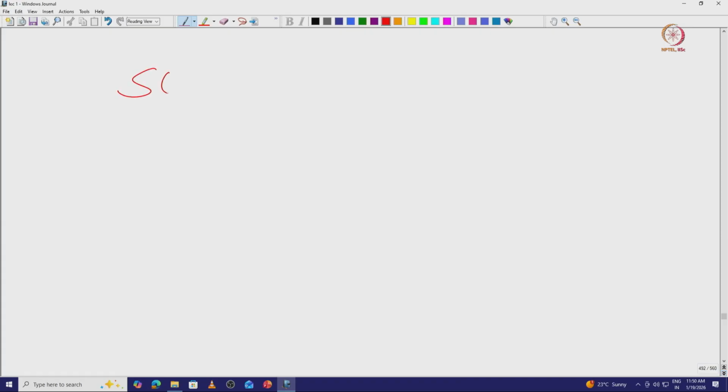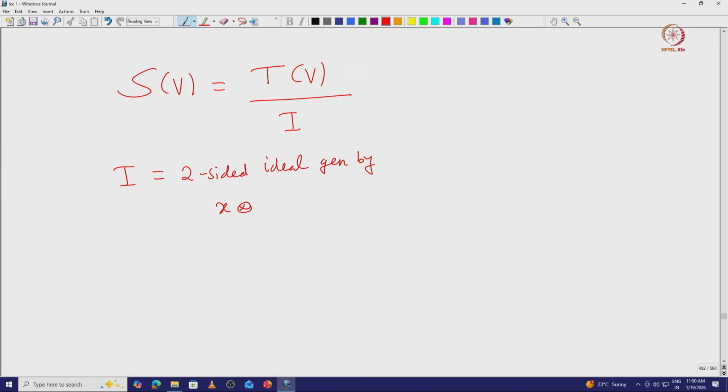Recall that S of V is given by T of V modulo this ideal I, where I is the two sided ideal generated by x tensor y minus y tensor x for all x, y in V. Now, if you want the action of G on S of V, we need to verify that this I is indeed G invariant.